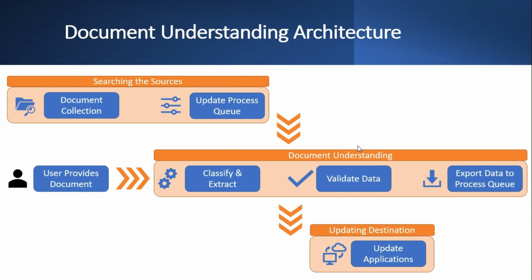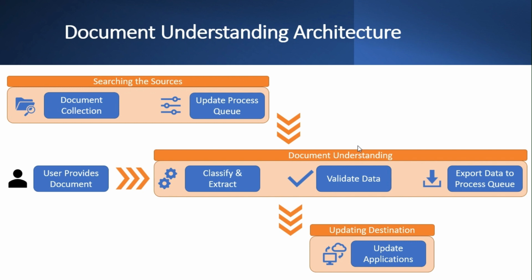And then comes the backlog. How about processing the backlog using the same process? If you see here in the source section, you are saying update process queue. If we follow this architecture, we can add that information, the backlog, into the same process queue.